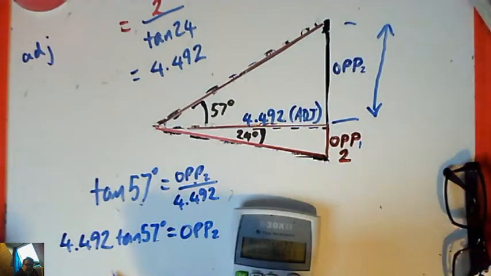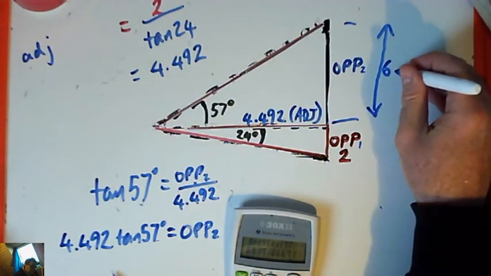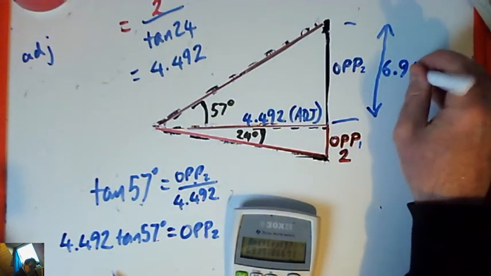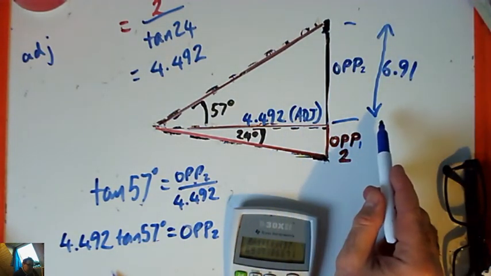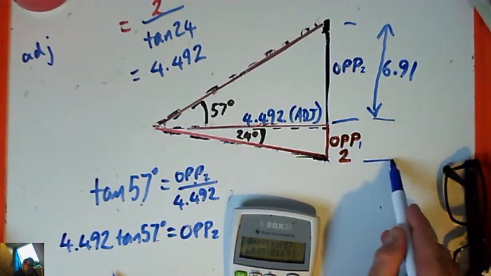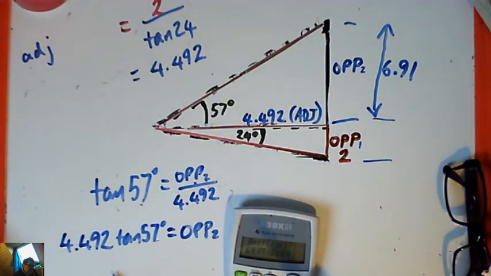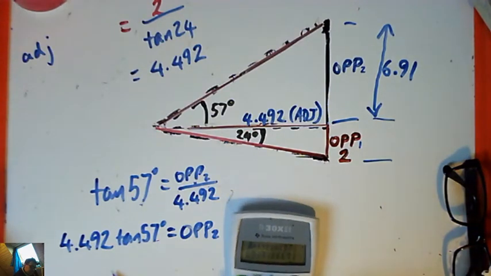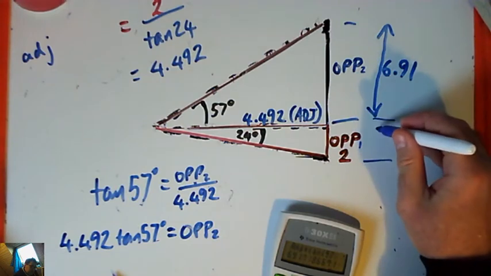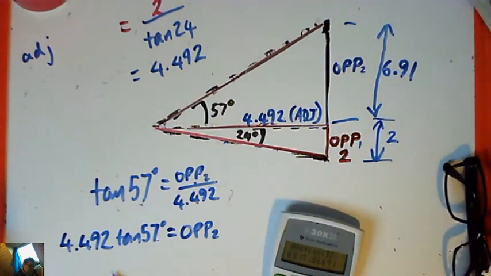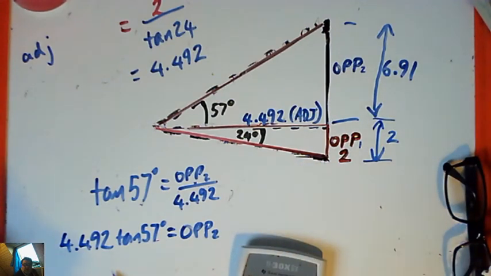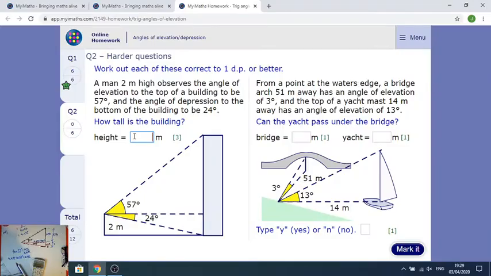So that's telling me that from the top of the building to his eye level is 6.91, and then plus the extra 2 that was his height gives me 8.91. So I'm going to fill in 8.91 on iMaths.